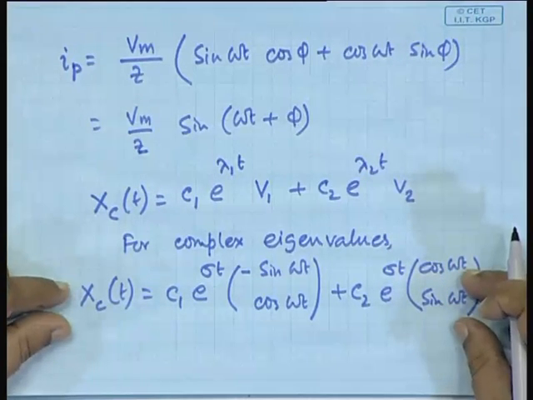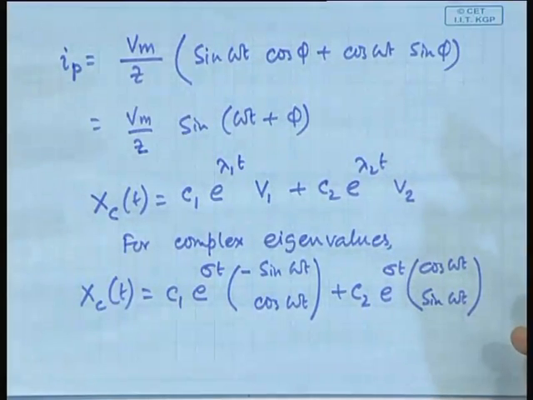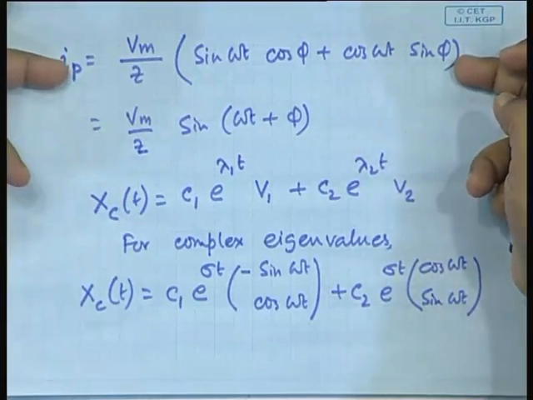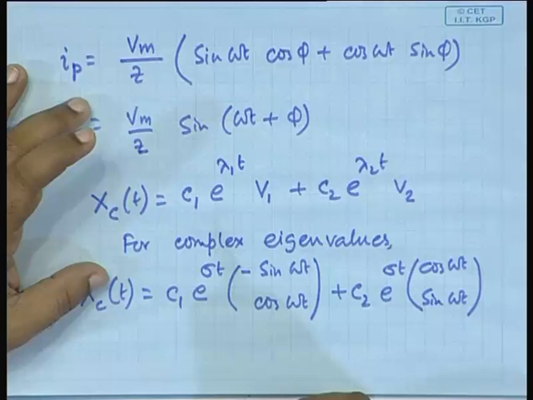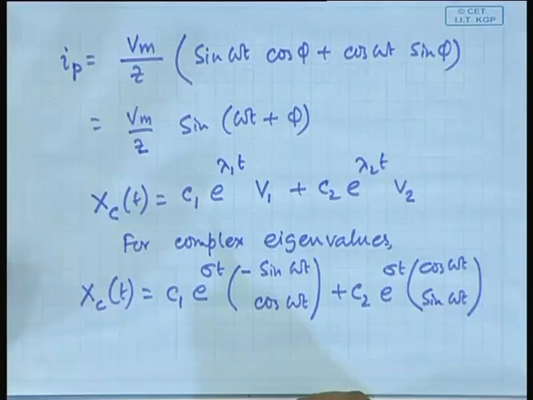And ultimately the total will be this plus either this or that. And then from the initial condition you will have to obtain C1 and C2. Clear?